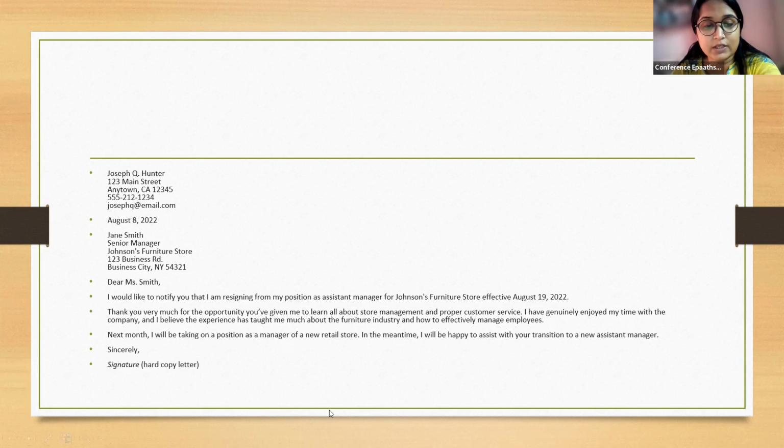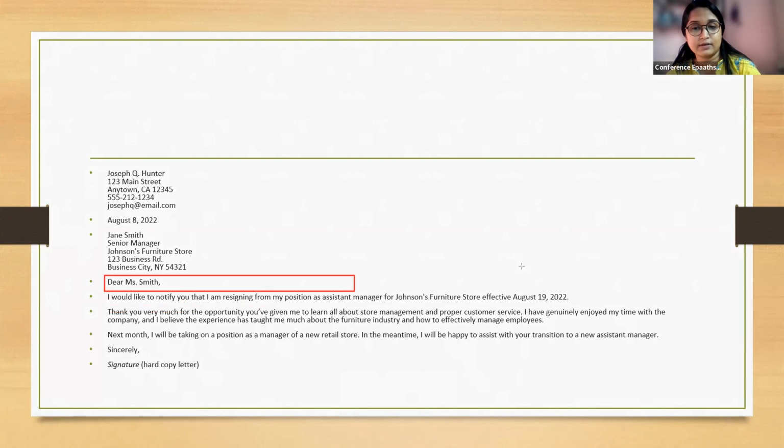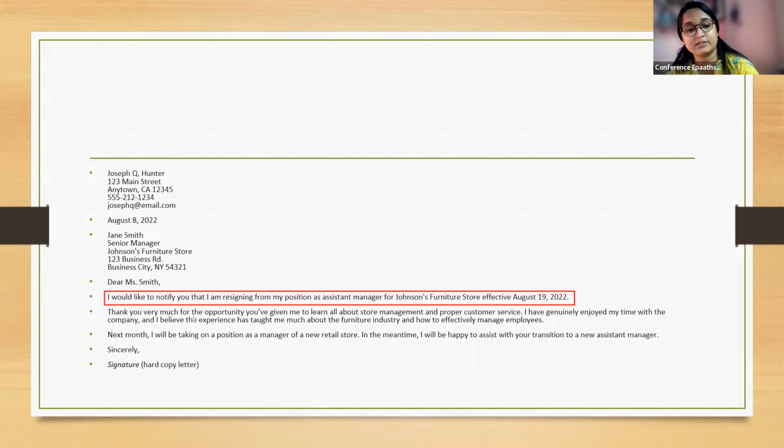So you can note down how to start your resignation letter. I would like to notify that I'm resigning from my position as this, effective from this date. So the date is mentioned and that he is resigning is also mentioned.